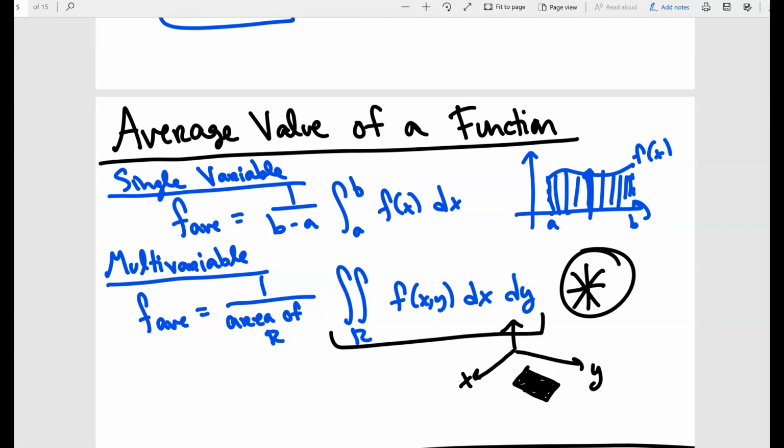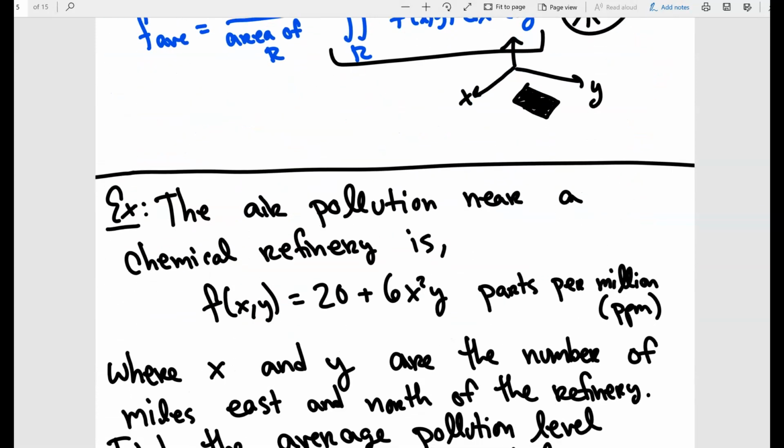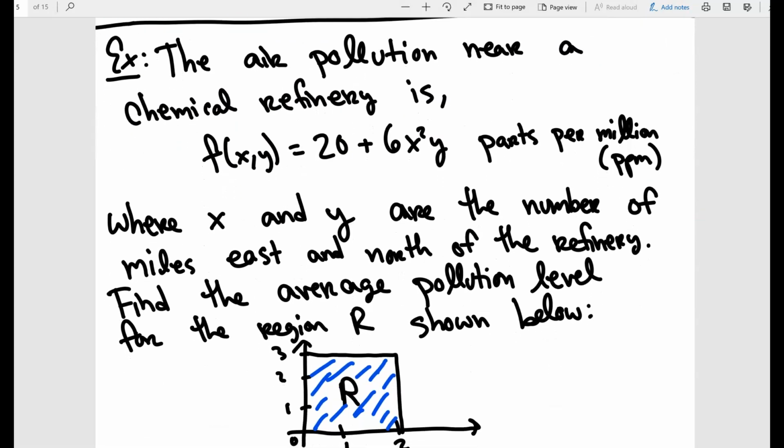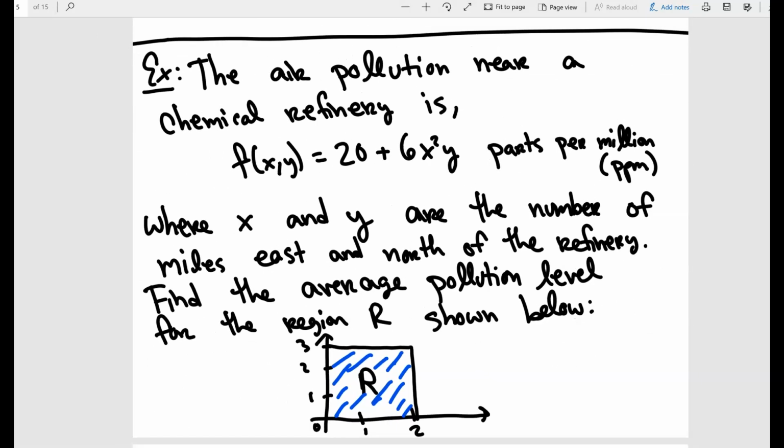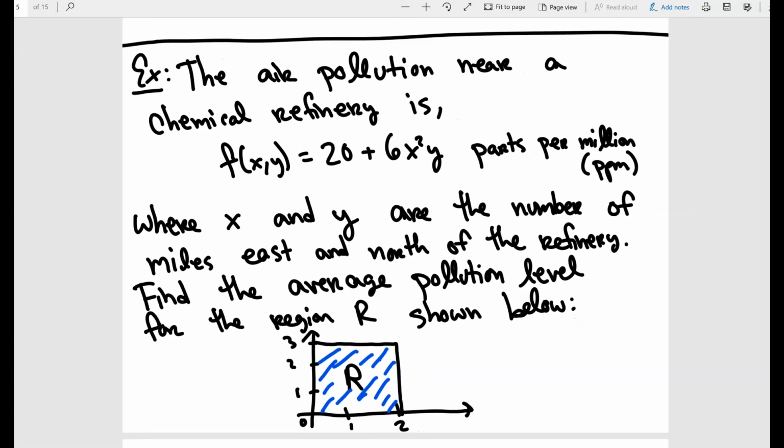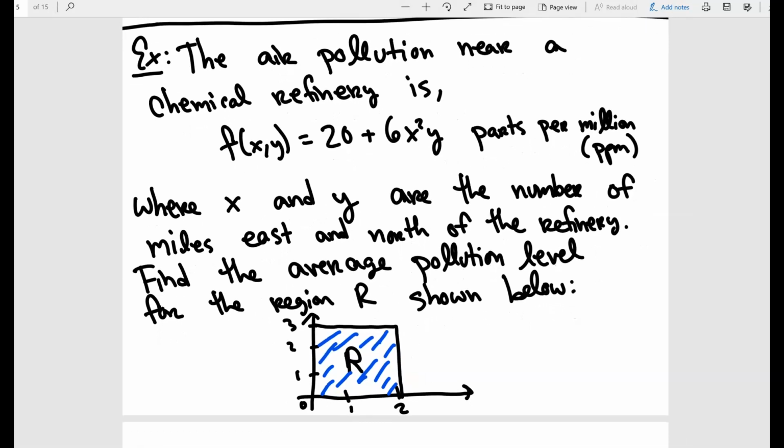Okay. So here I have a word problem. You might be wondering, where exactly am I using double integrals in my life? Here is an environmental science problem. Take a moment to take a picture of it or write it down in your notes.